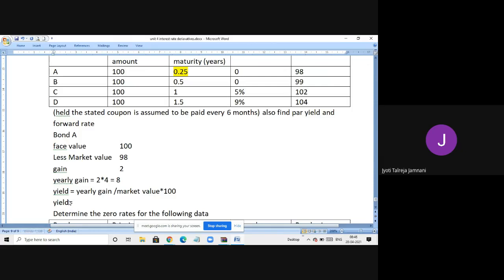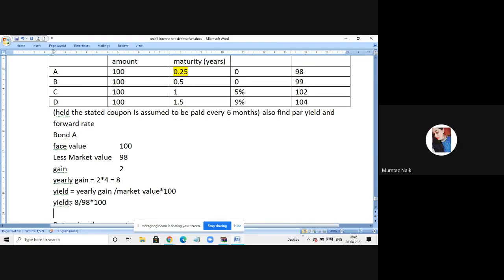So yield is equal to yearly gain 8 rupees divided by market value 98 rupees into 100. See how much you get. 8.16. Okay, so yield is 8.16, but this is not a continuously compounded rate.